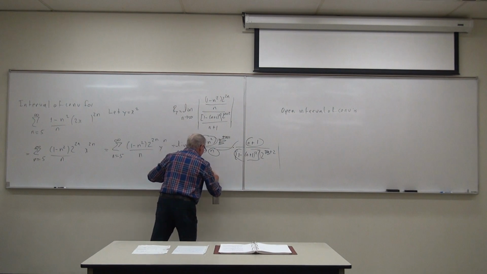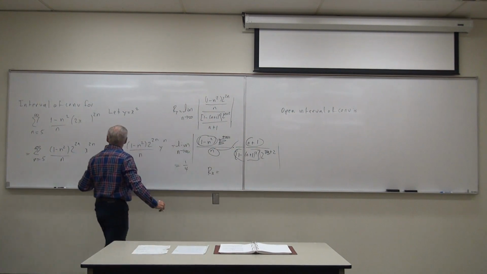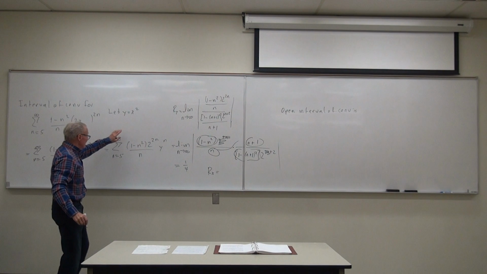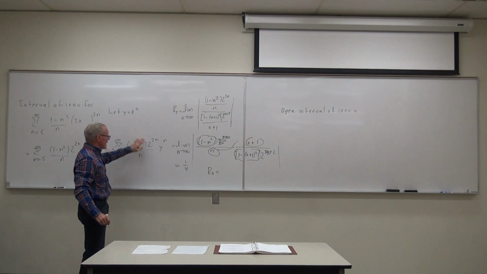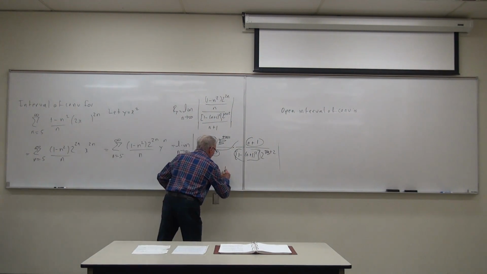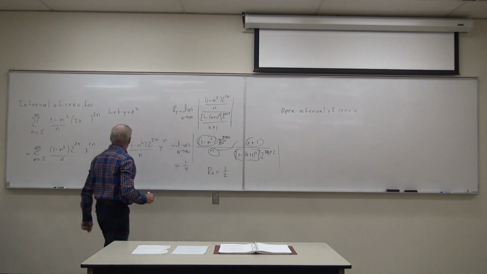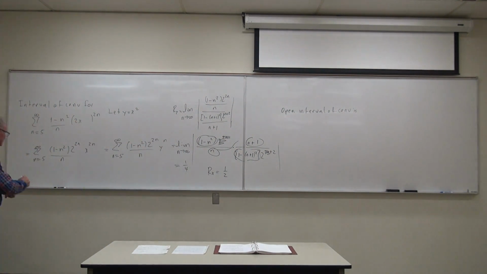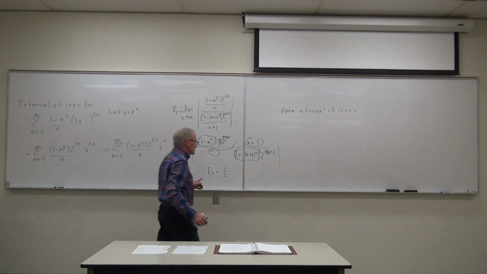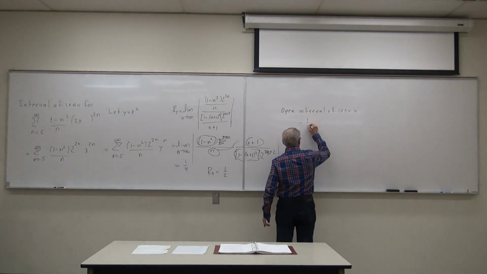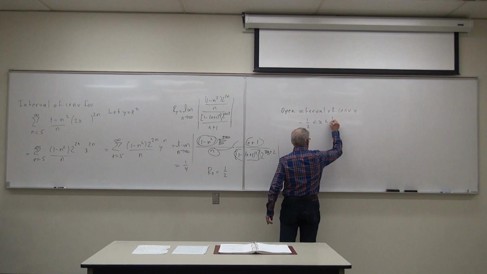So we need R sub x. But if y is equal to x squared, then x is the square root of y, so it will be 1/2. Right? 1/2. All right. So the open interval of convergence is minus 1/2 less than x less than 1/2.